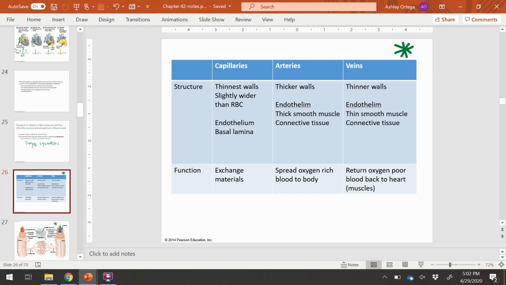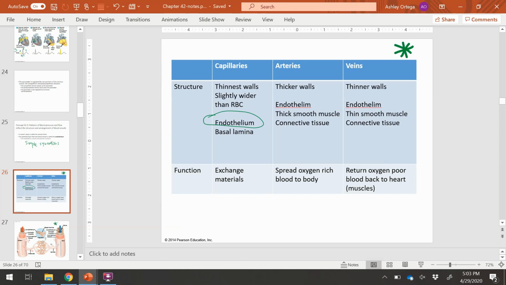For the arteries, there are thicker walls. They have an endothelium, which is spelled incorrectly, I'm sorry. Do take a look at the correct spelling there. It has thick smooth muscle. As arteries carry blood away, they need to keep a very high blood pressure, so they have thick smooth muscle that helps propel the blood along.